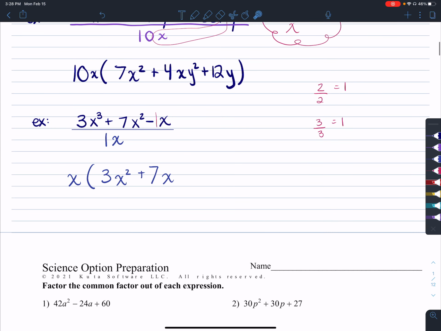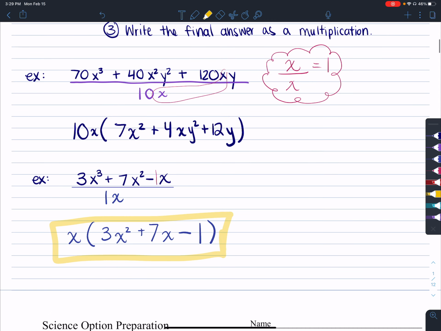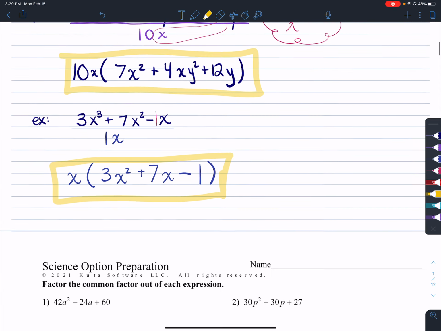So right now we have negative 1x over positive 1x. That is going to leave us with a result of negative 1. Okay, so this right over here. So these are our answers.